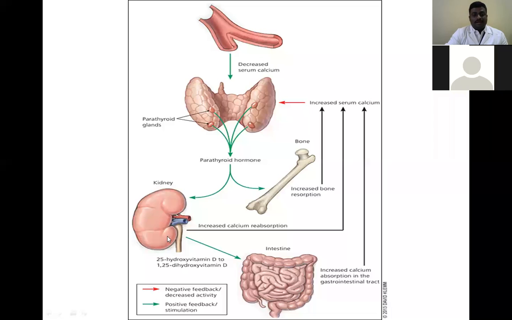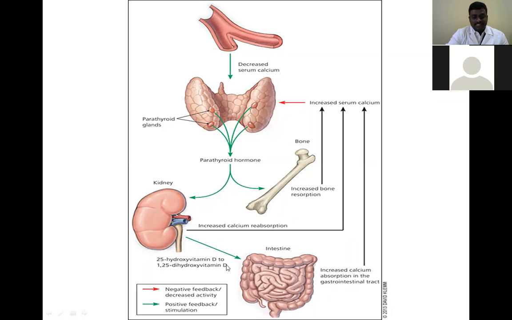In the healthy kidney, we know that vitamin D synthesis takes place in the liver and then in the kidney. In the liver, 25 hydroxy vitamin D is produced. That 25 hydroxy vitamin D is transported to the kidney, and further 1,25 dihydroxy vitamin D is produced in the kidney.